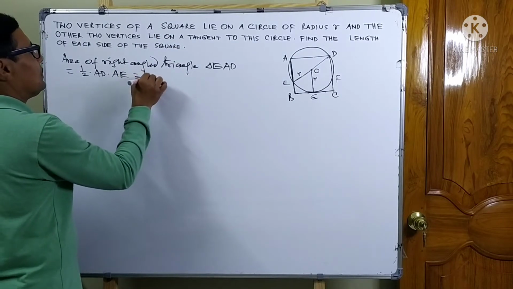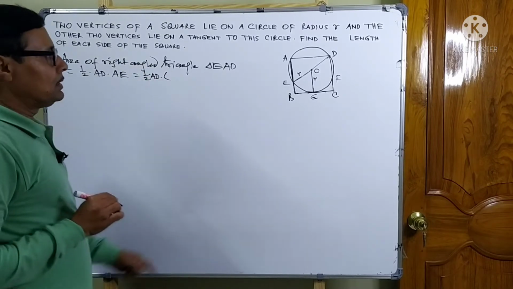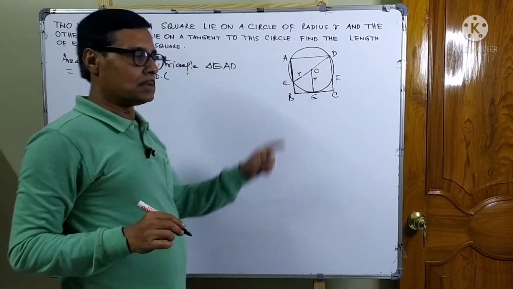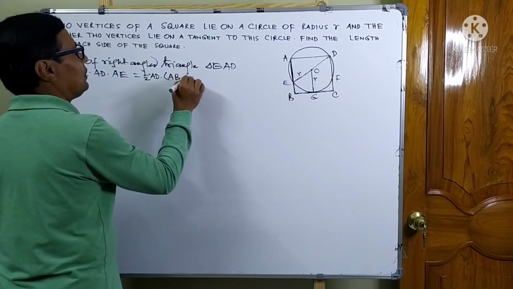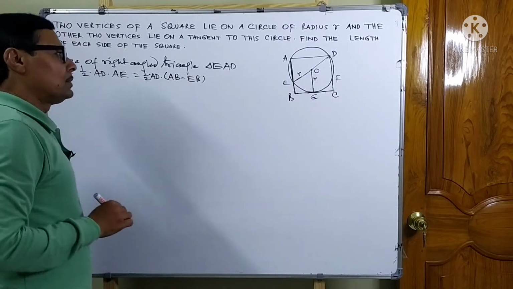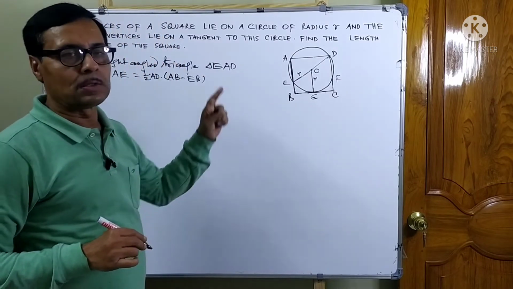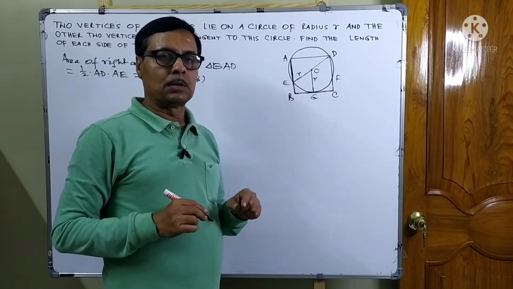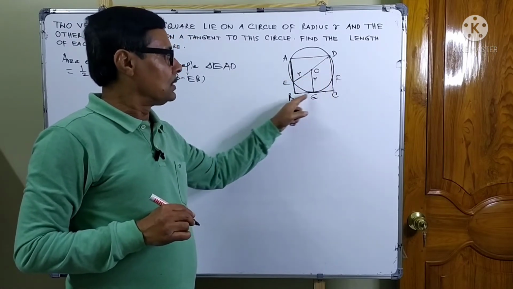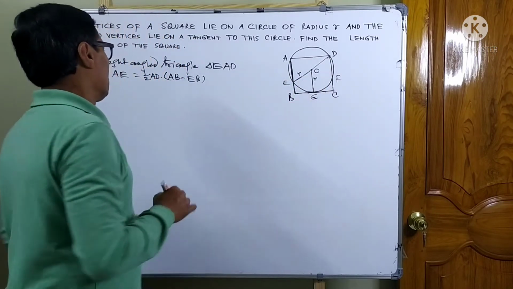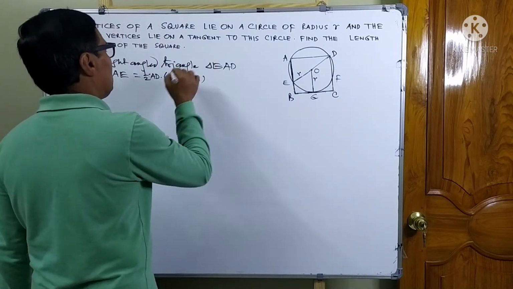This is equal to half AD multiplied by AE. AE is equal to AB minus EB. And also AB is equal to AD, because AB and AD are both the sides of the square and all sides of the square are equal. So, AB is equal to AD equal to DC equal to BC. So, we can write AD in place of AB.